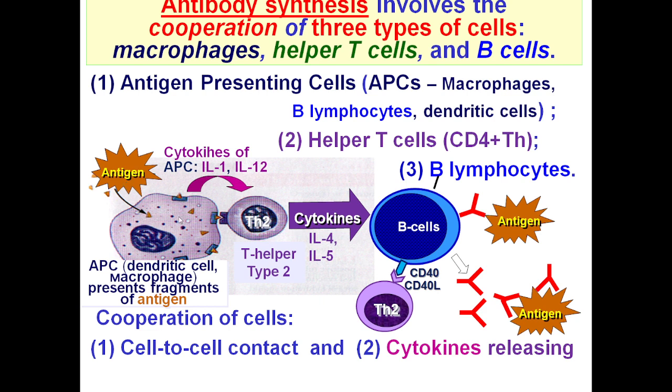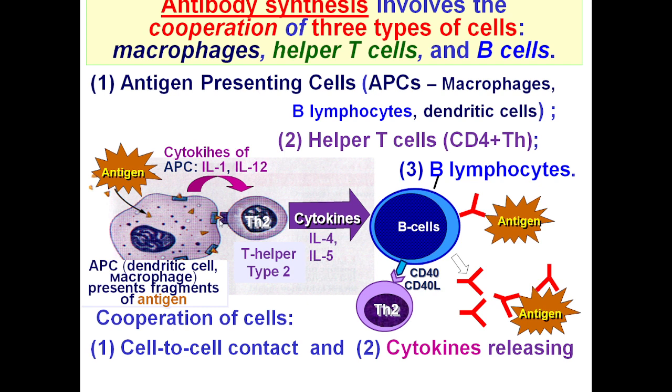It processes antigen, it means destroys the microbe in the phagolysosome and isolates from this microbial organism epitopes, antigenic epitopes. They're shown with the yellow triangles. They are combined to the MHC2 proteins and expressed on the surface of the antigen presenting cell, this dendritic cell, for example, macrophage, to the T helper cells.